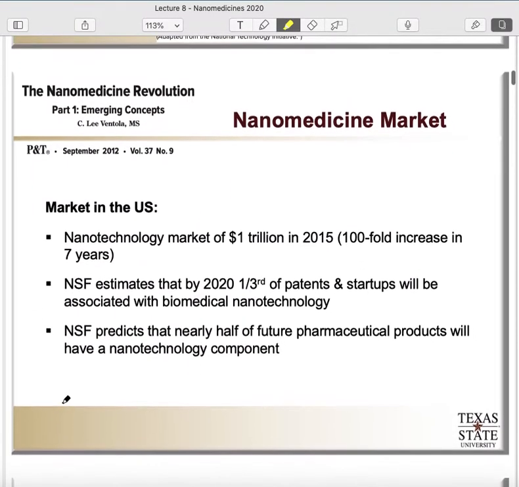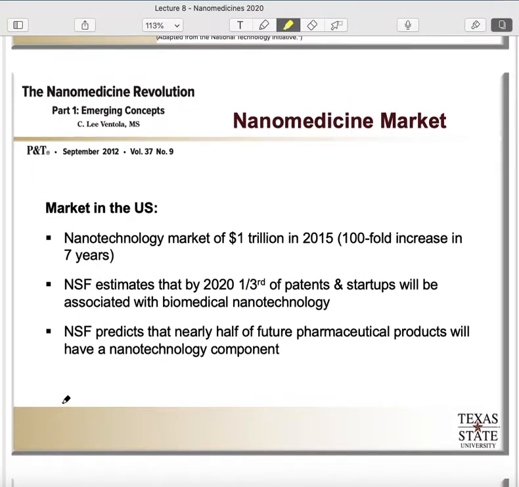In terms of the market for nanomedicines, again, my data is kind of dated, but the market was expected to be about 1 trillion by 2015. So it's a large, large market. And most importantly, there's a lot of interest in the area. The National Science Foundation predicted that by our year right now, 1/3 of the patents and 1/3 of the startups would be associated with biomedical nanotechnology.